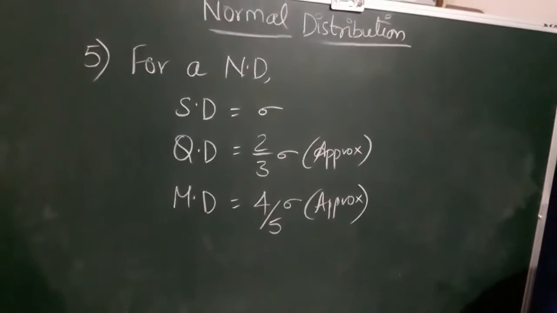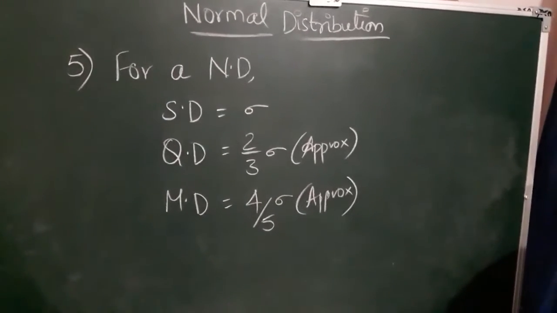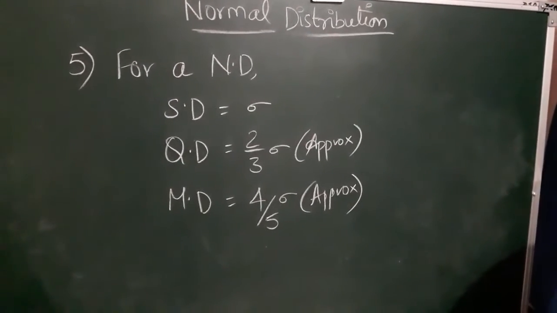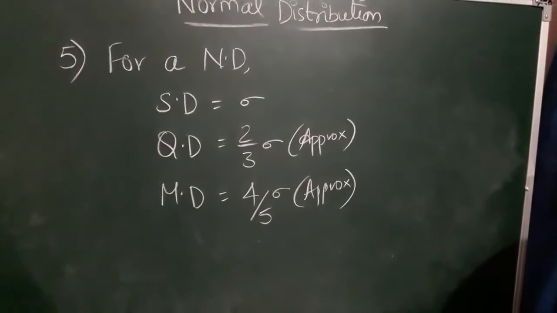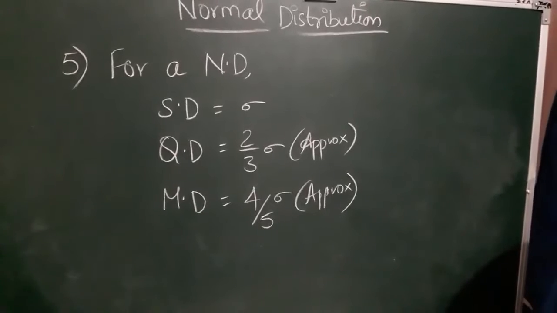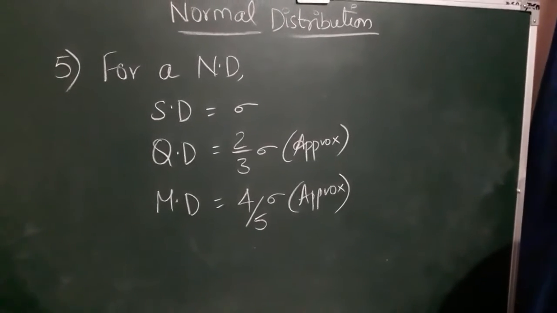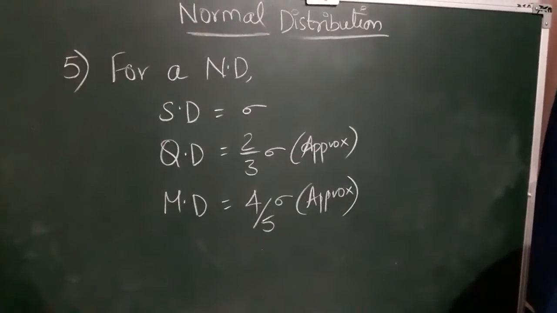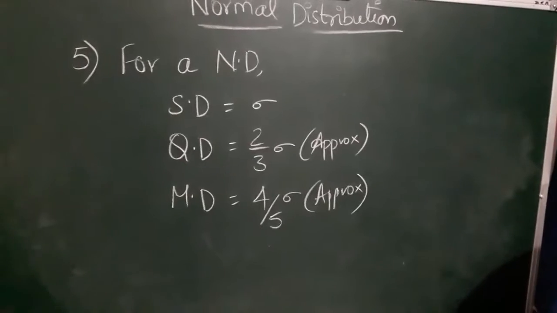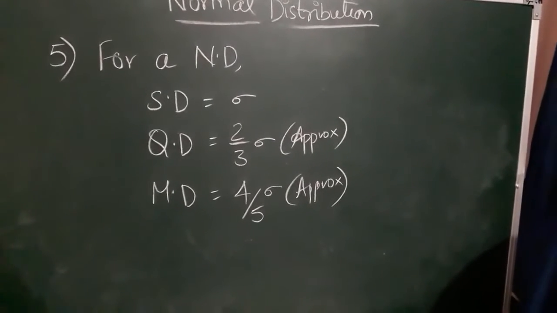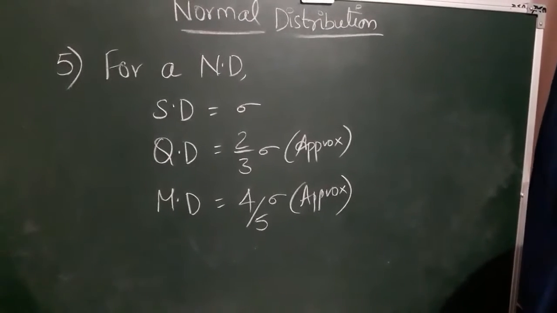Next, property number 5. For a normal distribution, the standard deviation is sigma, quartile deviation is 2 by 3 sigma approximately, and mean deviation is 4 by 5 sigma. Sir, what exactly is this 2 by 3, 4 by 5? What is the meaning of Q.D. and what is the meaning of M.D.? Standard deviation, quartile deviation, quartiles, you know, right?